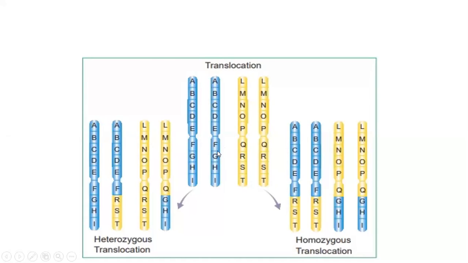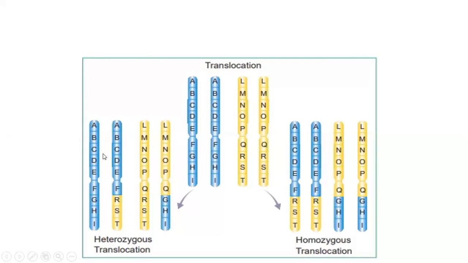If only one chromosome from each pair interchanges the genes or the segments, it is called heterozygous.